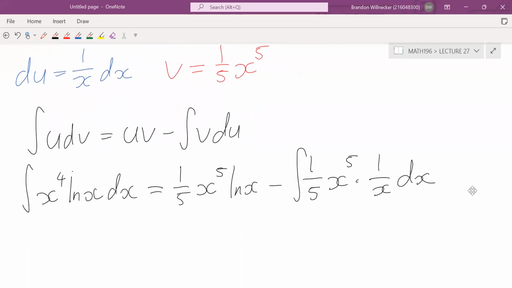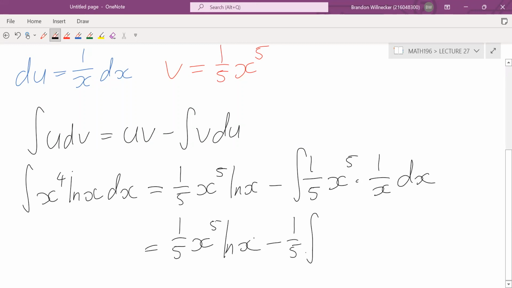Looking a bit messy, but we can simplify that. This is going to be 1/5 x to the 5 natural log of x minus 1/5 the integral x to the 5 times 1 over x.